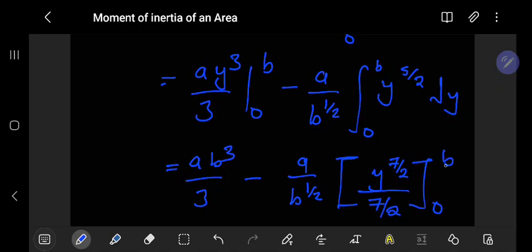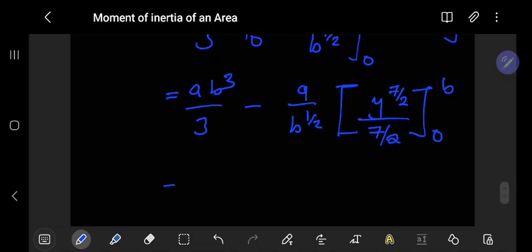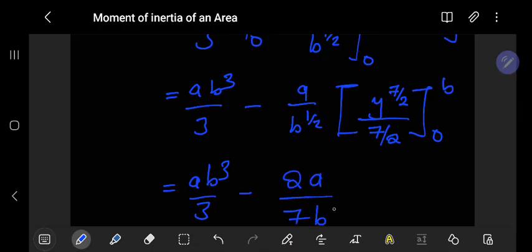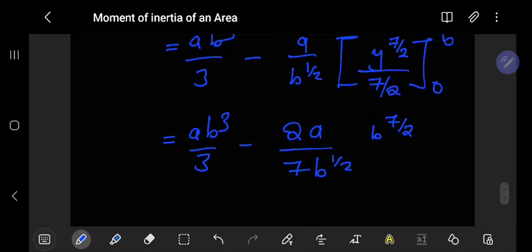This is from 0 to b. So simplify that a little bit. Minus, the 7 over 2 is a constant. The 2 comes up. We now get 2a, then this is over 7b to the power half. When y is b, we just get b to the power 7 over 2. When y is 0, of course, everything dies.